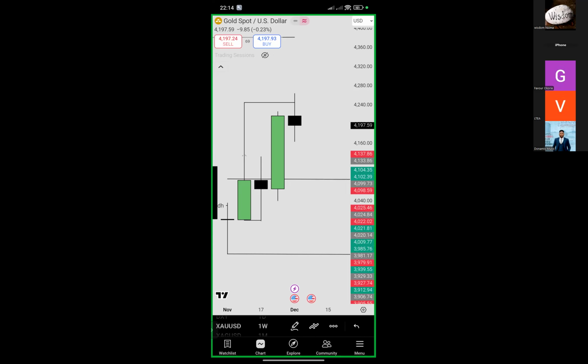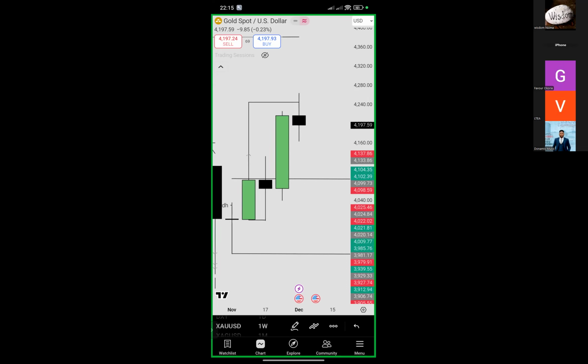First, we have what I would call accumulation, then expansion. So we expect price to fill this area to rebalance this inefficiency you see in the weekly time frame now.